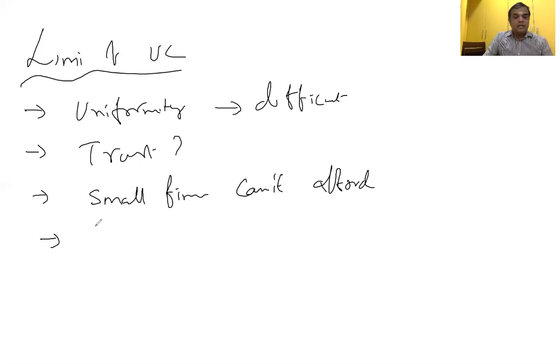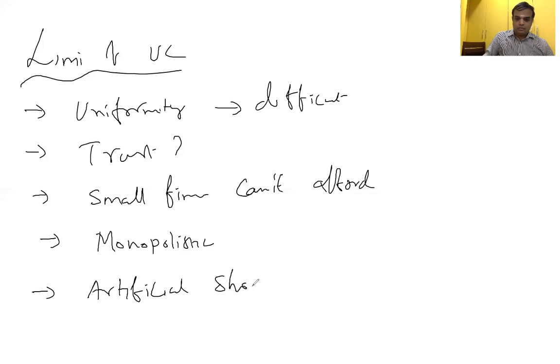Then it may lead to monopoly. If all the companies in the same industry form a union, a monopoly situation may arise. Then an artificial shortage is possible. An artificial shortage in the supply of the product may arise, and based on that, an artificial increase in the selling price may also be possible.